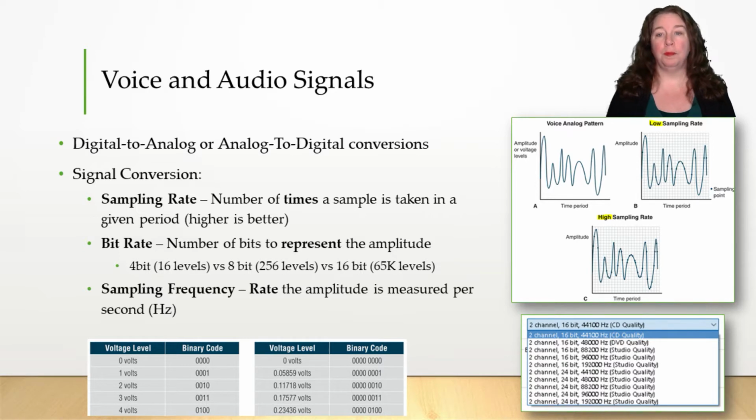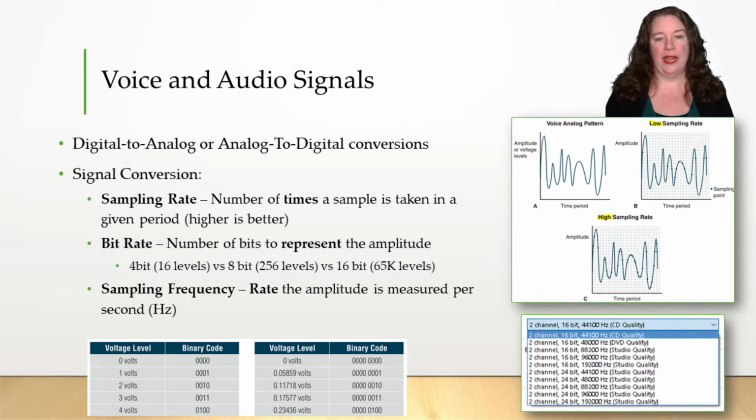Obviously, the more sampling that you do, the better, because as you can see from the low sampling rate and high sampling rate in the image, if we only selected say 10 as opposed to 20 sampling positions, we wouldn't get all of the ups and downs. So the more sampling you do, the sampling rate being higher, the number of times the sample is taken in that period, the better your quality is going to be.